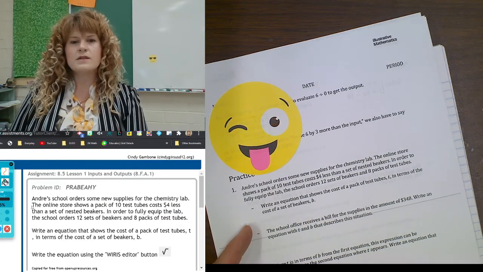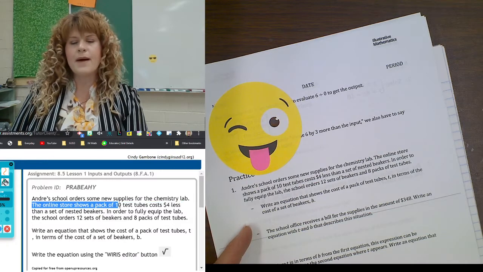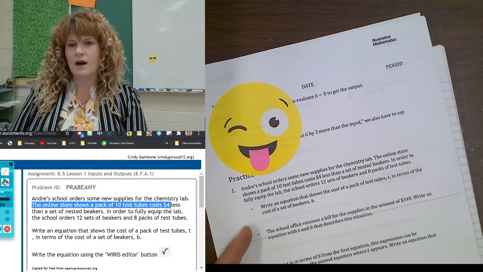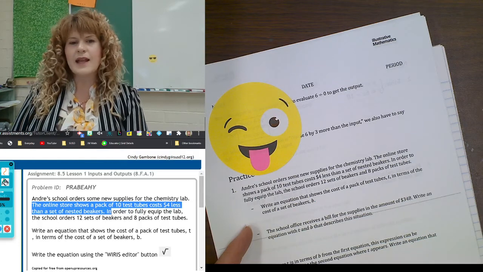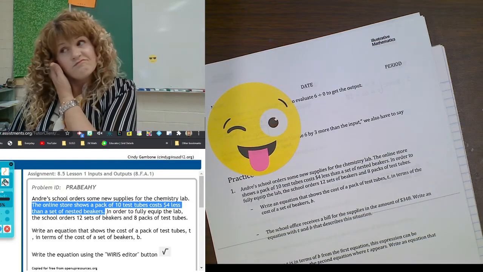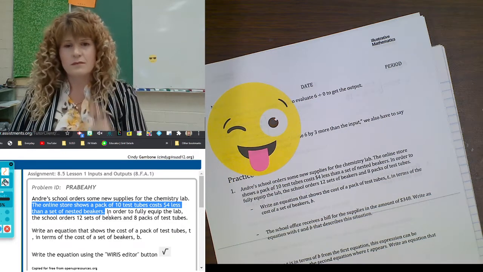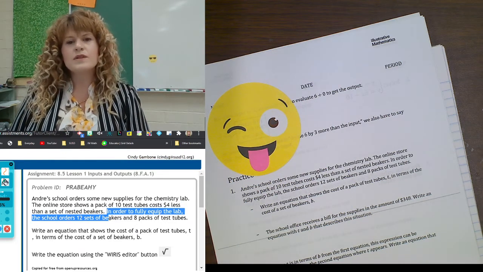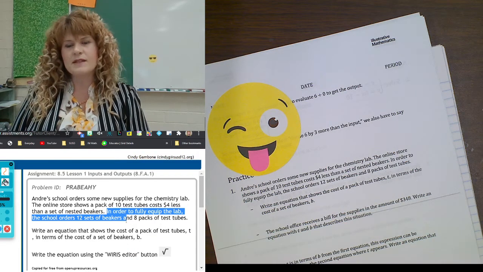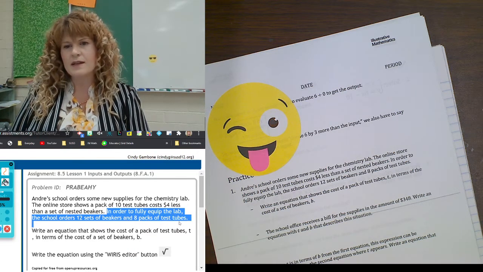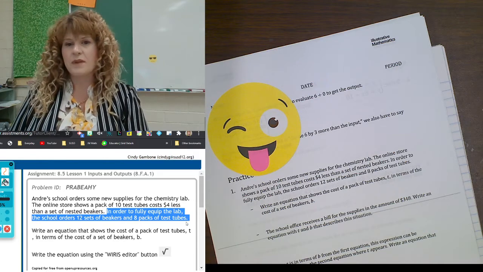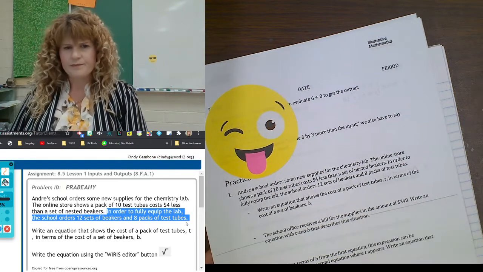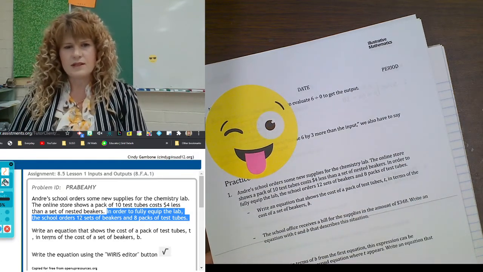The online store shows a pack of 10 test tubes costs $4 less than a set of nested beakers. In order to fully equip the lab, the school orders 12 sets of beakers and 8 packs of test tubes. And now they give us the instructions.